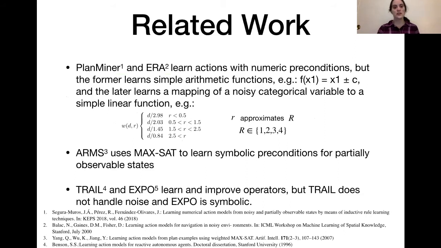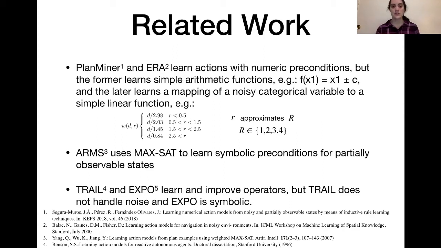So some related work. PlanMiner and ERA both learn actions with numeric preconditions, as this work does, but the former learns very simple arithmetic preconditions and effects, and the latter learns a piecewise function that maps a categorical variable to one of a set of simple linear functions.